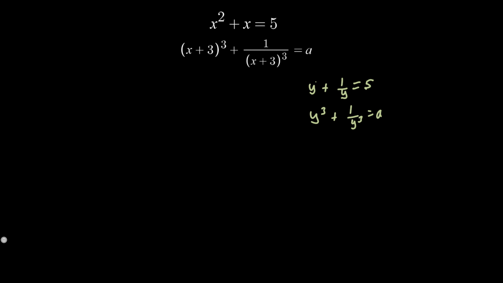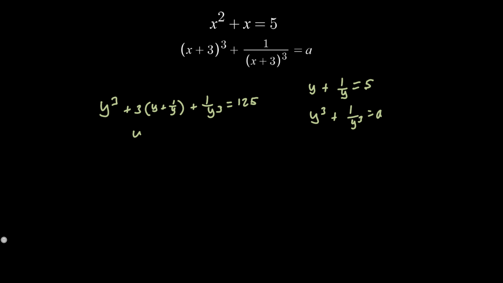And we're going to cube the first expression. So we have y cubed plus 3 times (y plus 1 over y) plus 1 over y cubed is equal to 125. I was going to write 5 cubed, but I'll just write 125. And as we know here, this entire expression, y plus 1 over y, is 5, so 3 times that is 15.